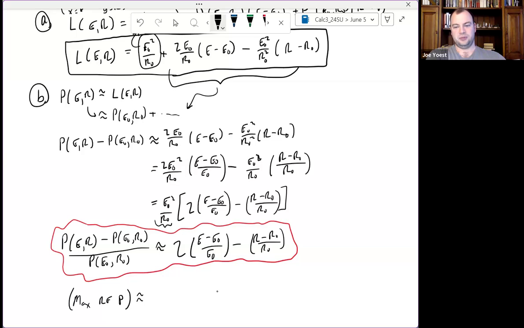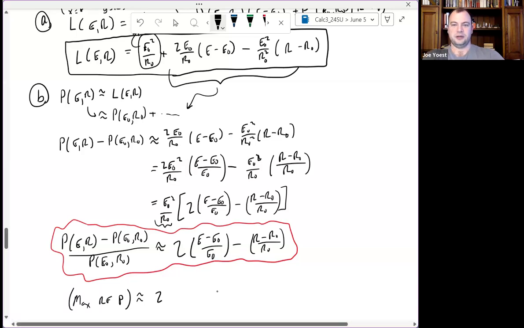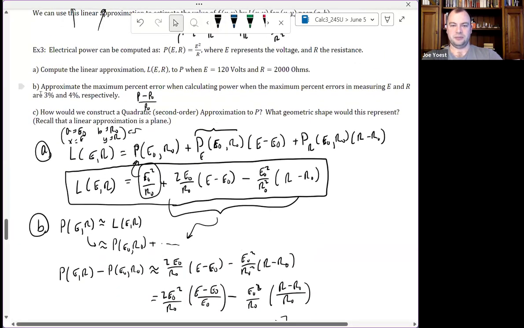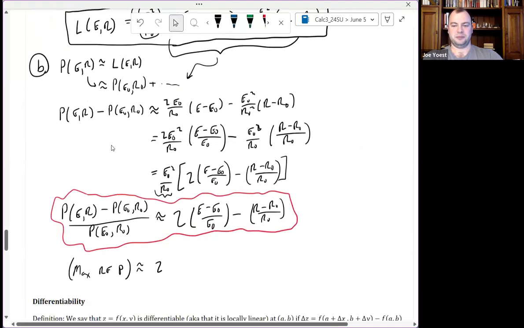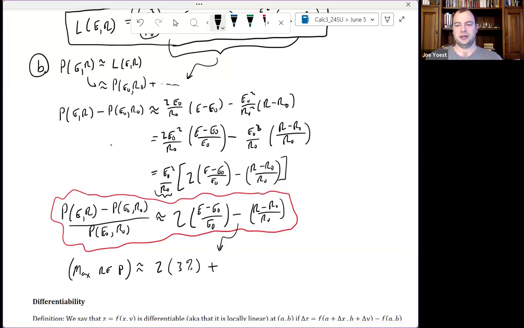The maximum relative error in P is going to look like twice the max relative error in E, which is 3%. And then plus, again, because I want to take into account the fact that these errors are independent of one another. It's not like if I overestimate E, I've necessarily overestimated R. I don't know whether I overestimated or underestimated R. The worst case scenario would be to overestimate E and underestimate R, or vice versa, to get even more error.